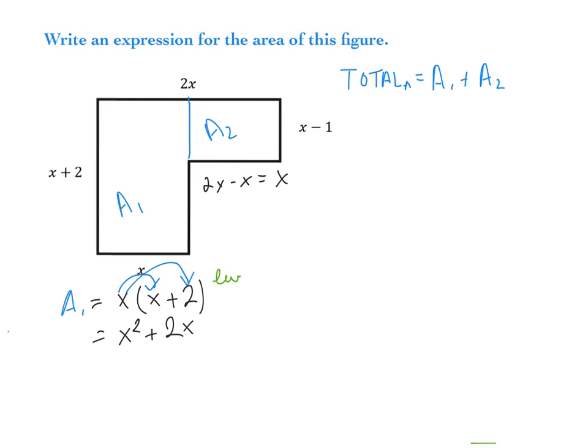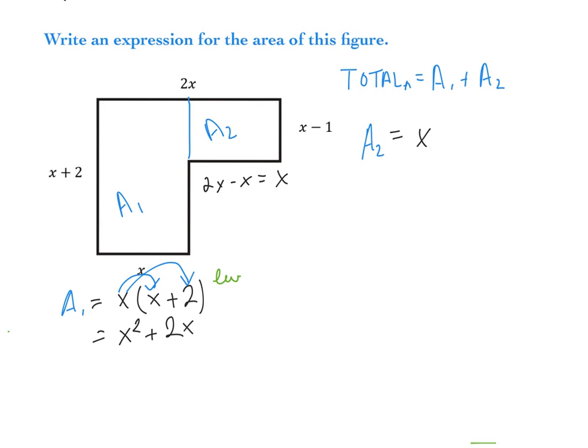Now I can do area 2. And I'll do, for space's sake, I'll do it up here, area 2. And that gives me length times width again. So the length here is going to be, we'll say x, because we found out earlier over here that the length of this side is x.